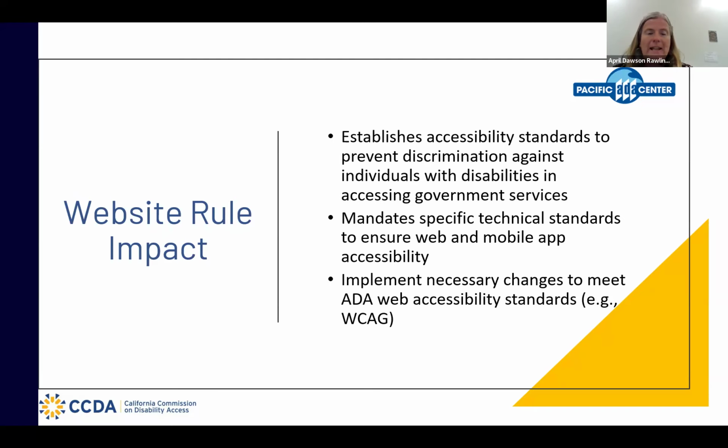Thanks, Jan. What I would add is that the California Commission on Disability Access, or CCDA, is required under Assembly Bill 2917 to provide website accessibility education for businesses. To comply with that, we are creating a website accessibility toolkit, which will be released either later this year or early next year, covering website accessibility for businesses.